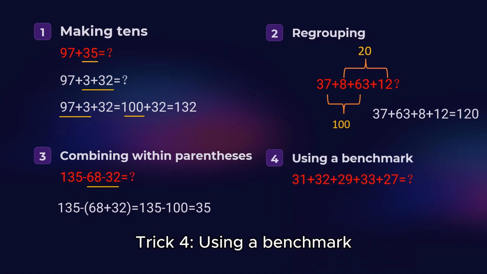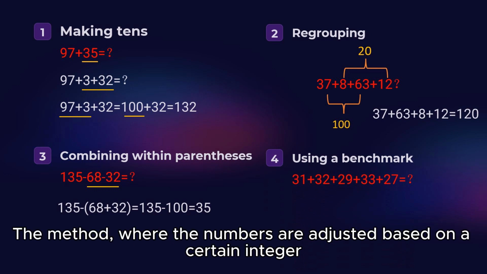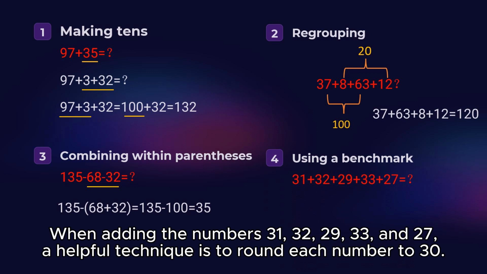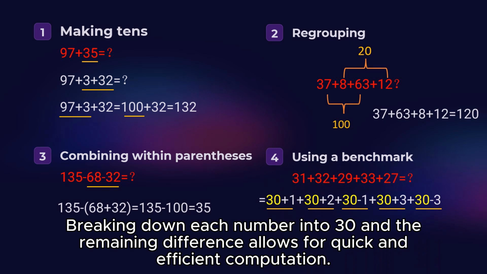Trick 4. Using a benchmark. The method where the numbers are adjusted based on a certain integer to simplify the calculation can be described as using a benchmark. When adding the numbers 31, 32, 29, 33, and 27, a helpful technique is to round each number to 30. Breaking down each number into 30 and the remaining difference allows for quick and efficient computation.